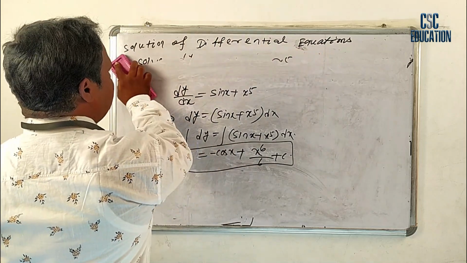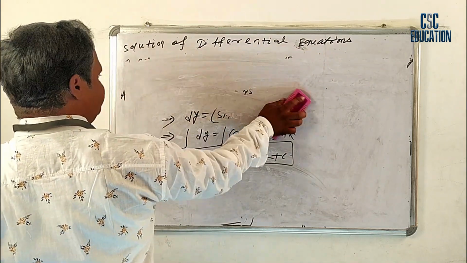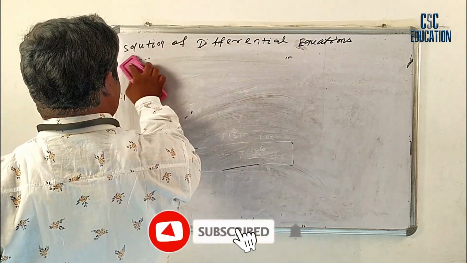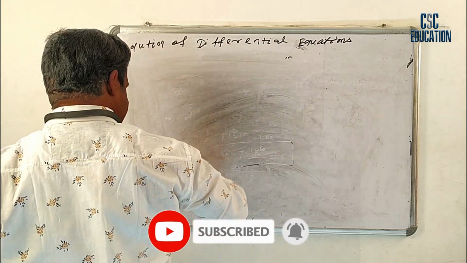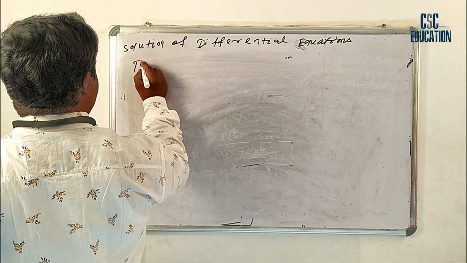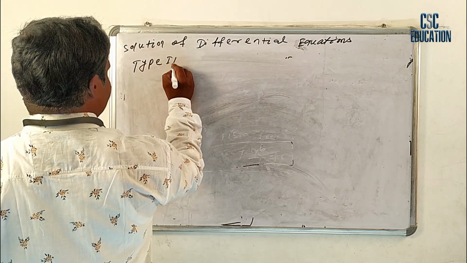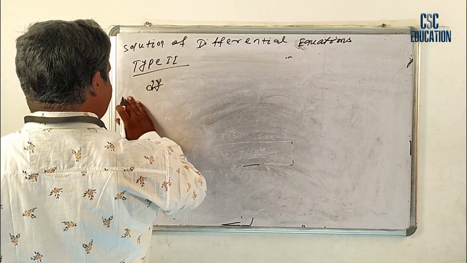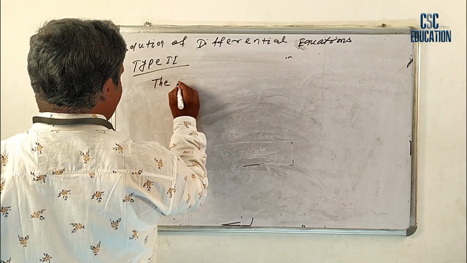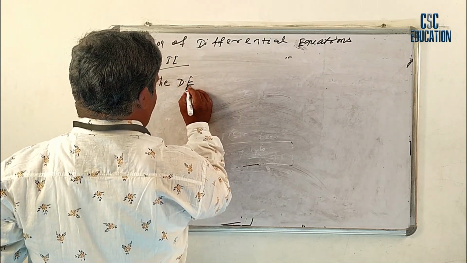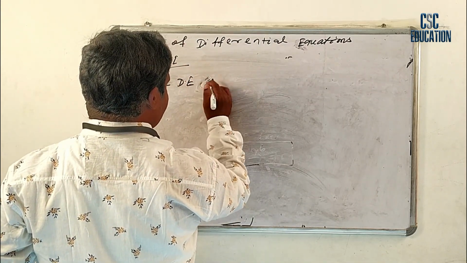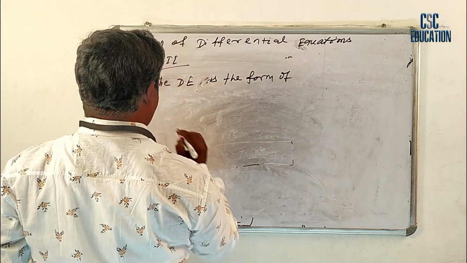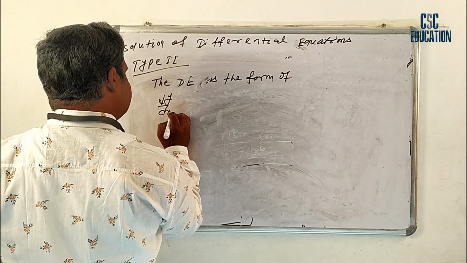I will discuss another form, type 2. In type 2, the differential equation is of the form dy by dx equals f of y.